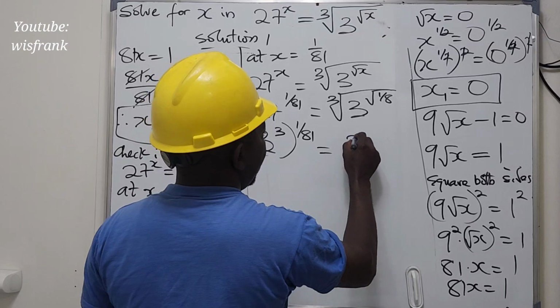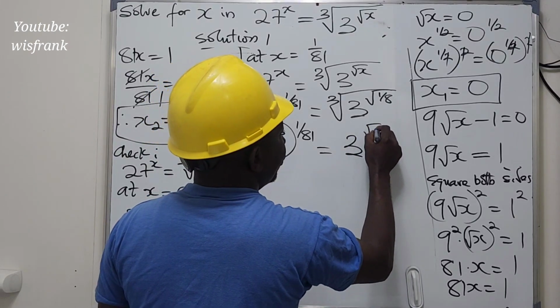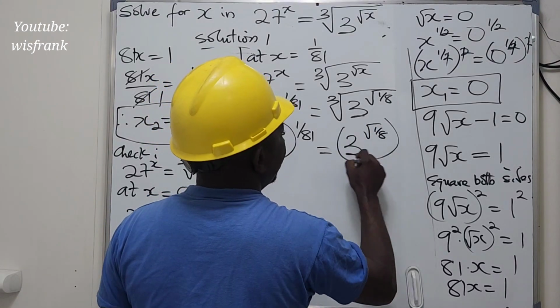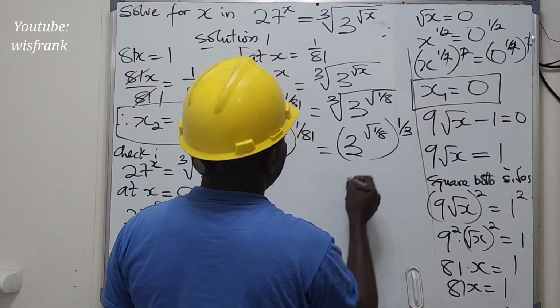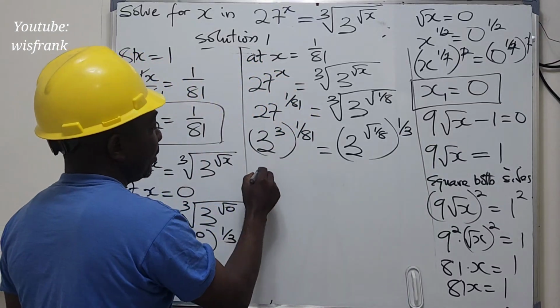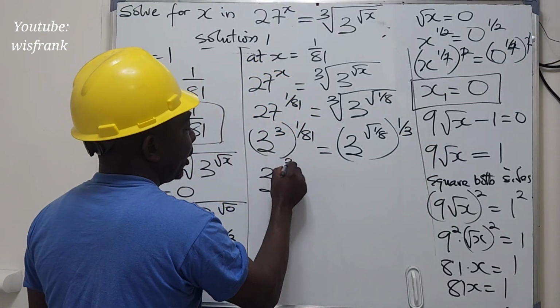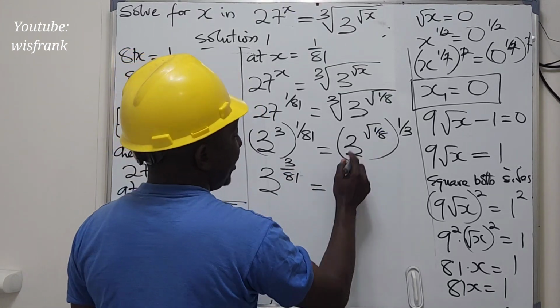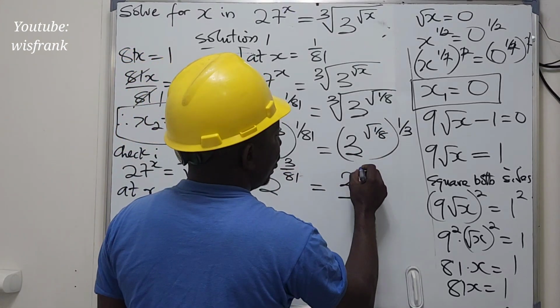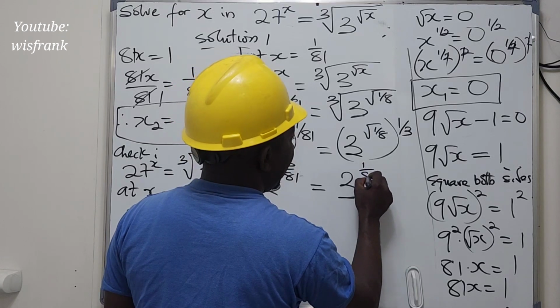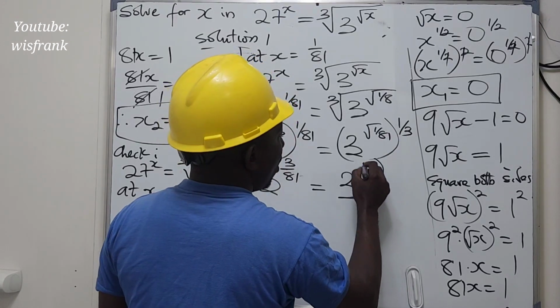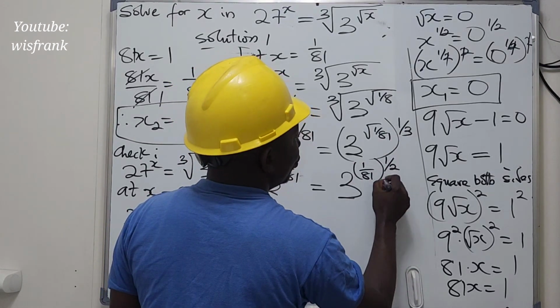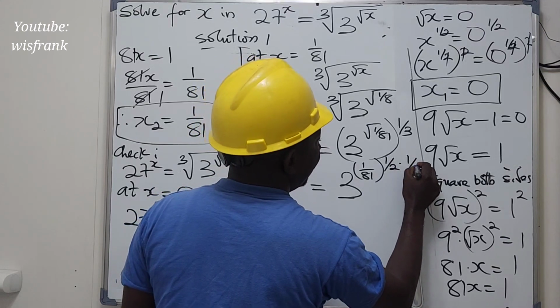This equals 3 to the power of root 1 all over 81, all to the power of 1 all over 3. In this case, this is the same thing as 3 to the power of 3 all over 81, which is 3 to the power of 1 all over 81 to the power of 1 all over 2 times 1 all over 3.